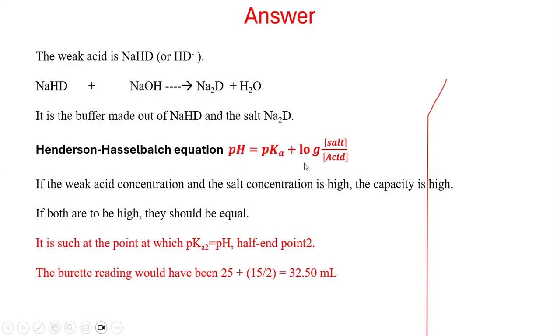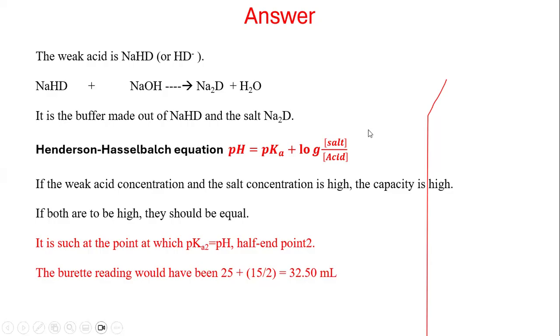I told you to write this equation because you have to give reasons with the capacity. When the salt and acid concentrations are equal and high, they cancel out, it's going to be log 1, which is 0. So at that point, pH is going to be equal to pKa.